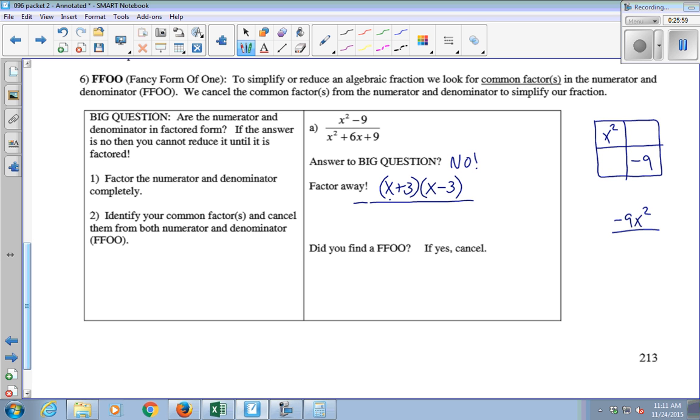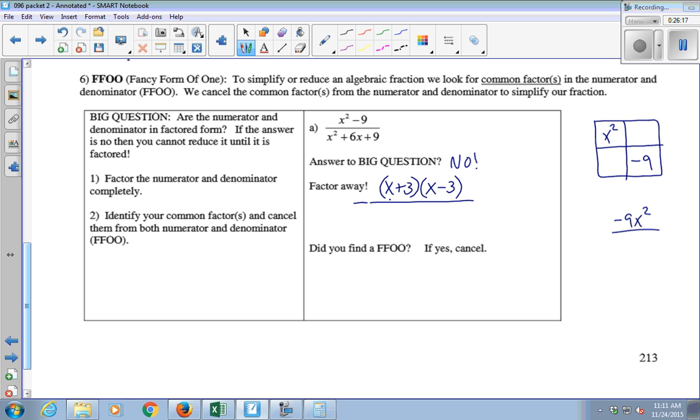Now I want numbers that multiply to make negative 9x squared, but add up to make what? 0, because there's no x term. There's a 0x in the middle there.